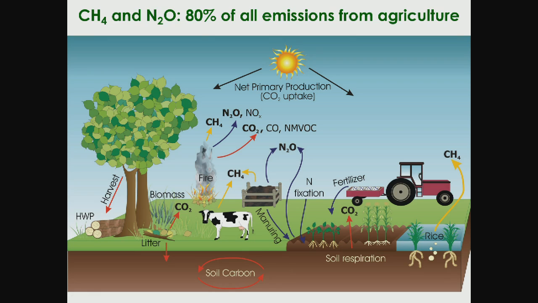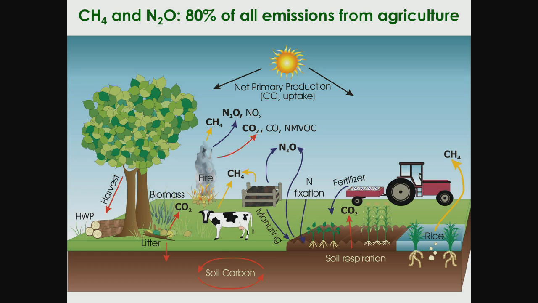So the use of farm machinery, for example, on the agricultural land, the transportation of goods from farm to shop, and transport all over the place as agricultural logistics become more and more global. And then the sources of these other two gases.